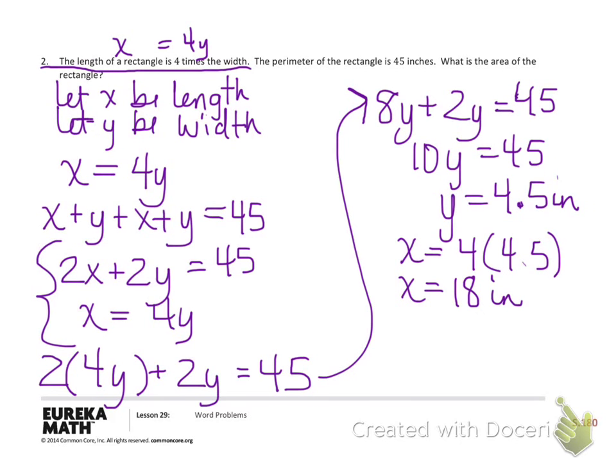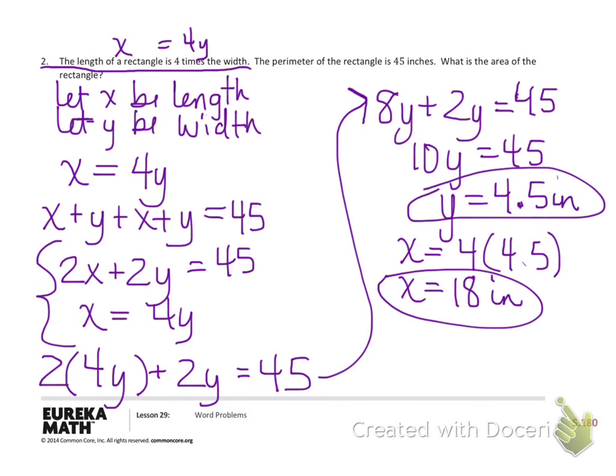But remember, just reporting the width and the length isn't what we were asked for. We were asked for the area of this rectangle. So the area is equal to the length times the width.